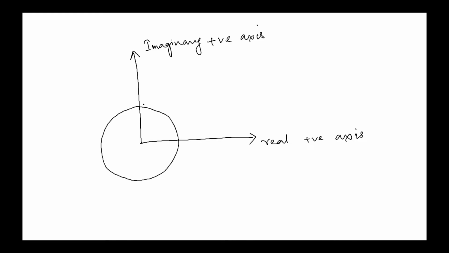So in the complex plane, positive frequencies rotate counterclockwise. If omega is the angular frequency, positive frequency rotates counterclockwise, whereas negative frequency rotates clockwise.